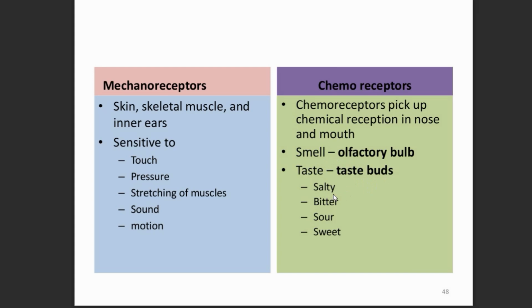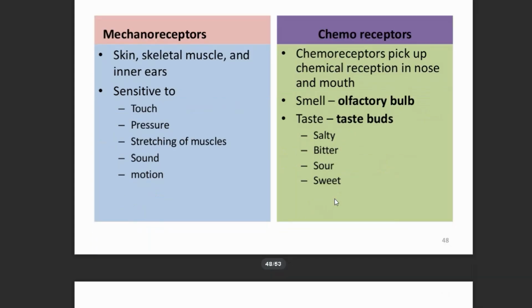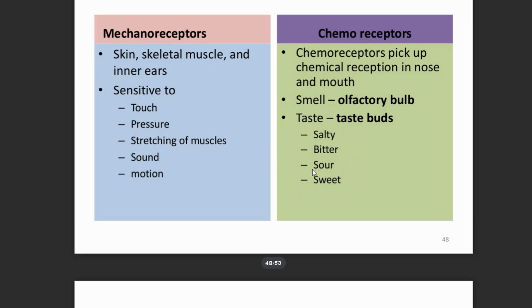Taste buds detect salty, bitter, sour, and sweet. When we taste something good, just like pizza, it has a combination of all these chemicals. That's why we like the aroma.